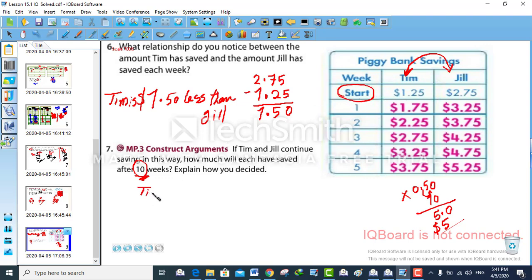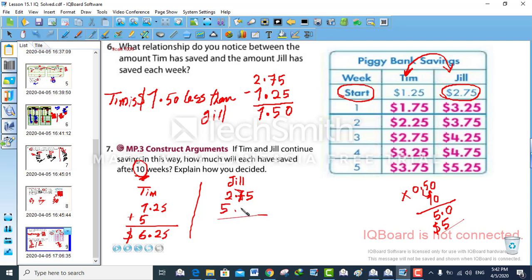So just add the $5 to the start amount that each one started with. Here Tim started with $1.25, add the 5, so mentally you can get it easily, $6.25. This is for Tim. And for Joe, you can just bring the start one here, which is $2.75, add the 5.